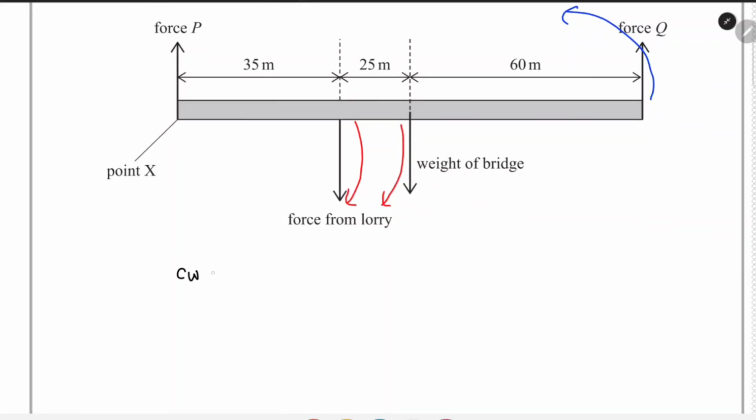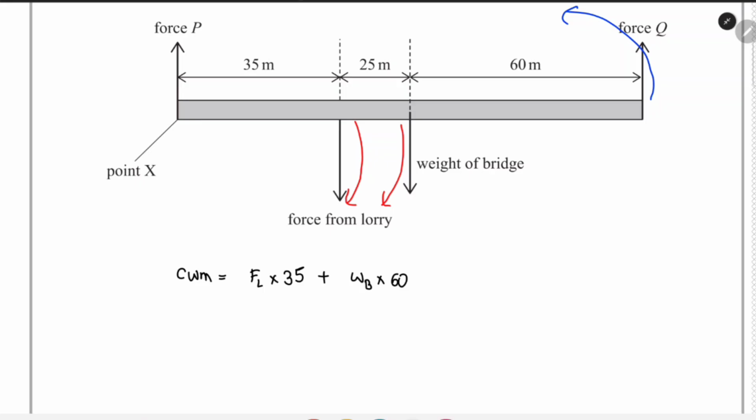So the clockwise moment, CWM, is F lorry times 35 plus weight of the bridge multiplied by 35 plus 25, which is 60.